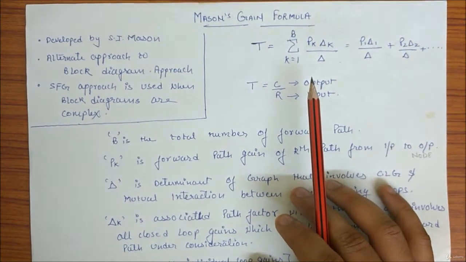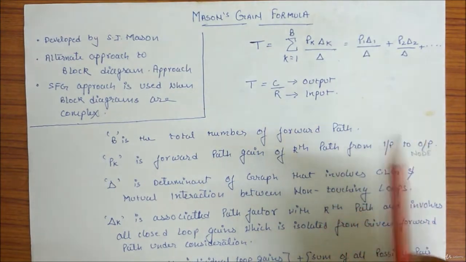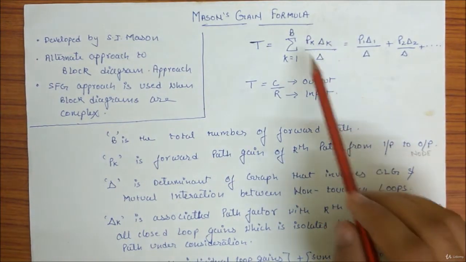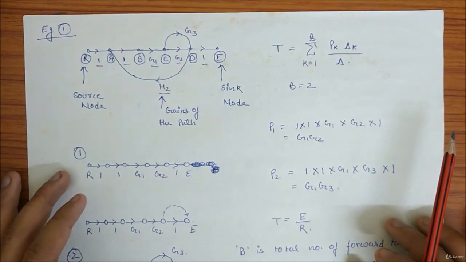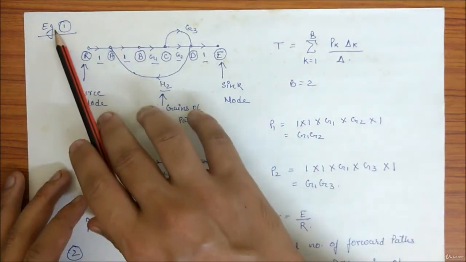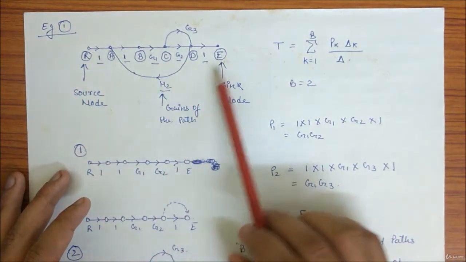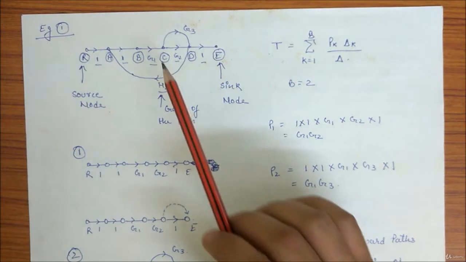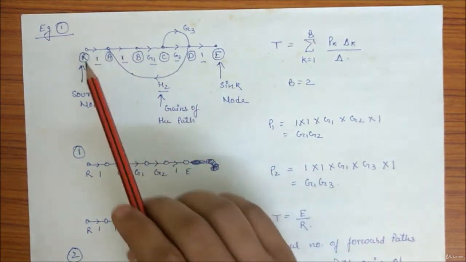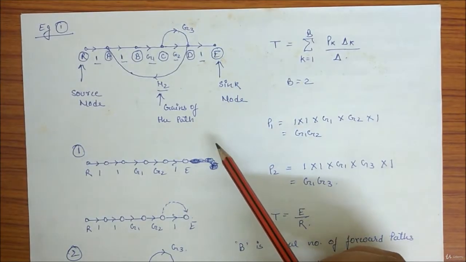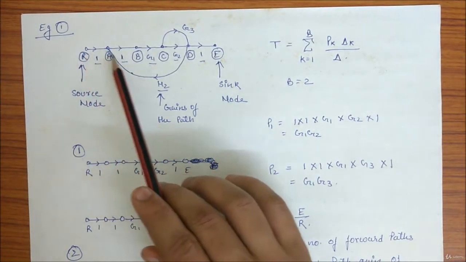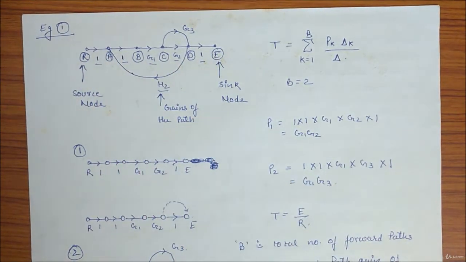Now I'll show you one example where I'll explain each term individually. This is my example 1. Let's say this is the signal flow graph given, where R is the source node and E is the sink node. These lines represent gains from one node to another.